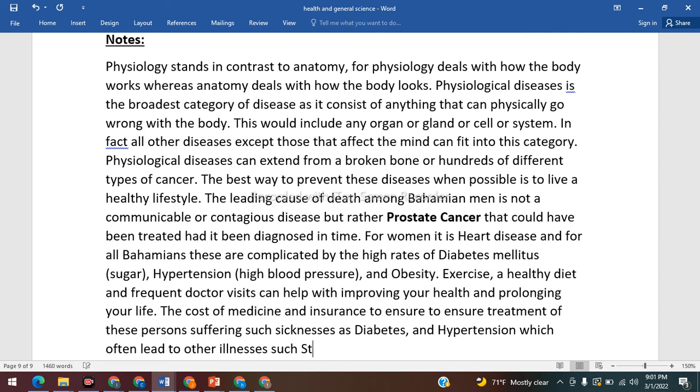Such as stroke. What else? A heart attack? Heart disease. Okay.